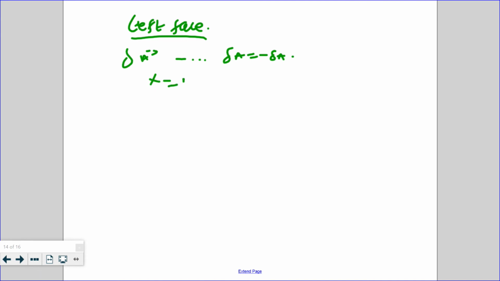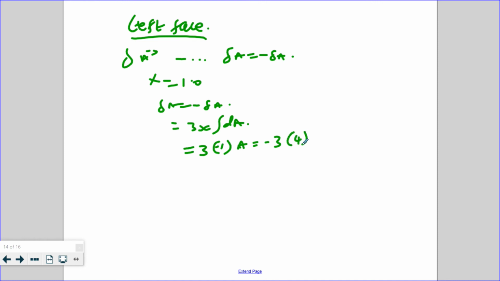So we find the flux as follows: 3x times the integral of dA, which is 3 times 1, times negative, because of the left side, times the area, 2 times 2 is 4. This gives us negative 12 newton meter squared per coulomb.